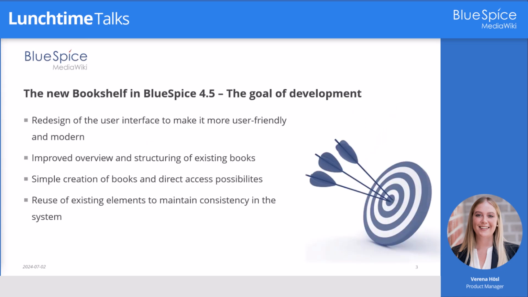So at first, the goal of our development. We took a look at our old implementation and thought it is a little bit old-fashioned. So our focus was to redesign the user interface completely and to make it more user-friendly and modern in the design. We also improved the overview of the books and tried to get more structure in existing books.